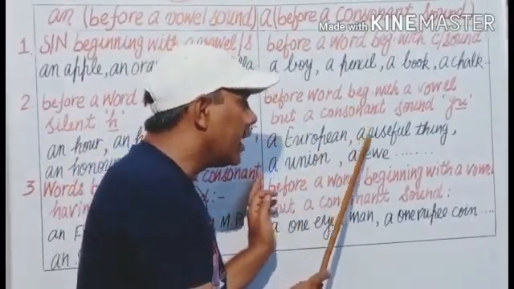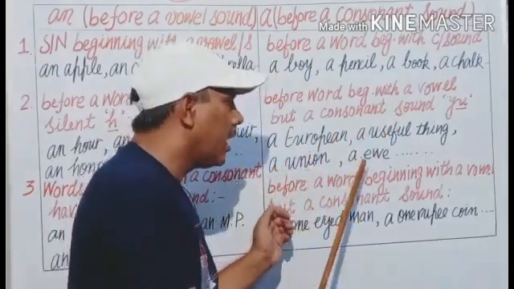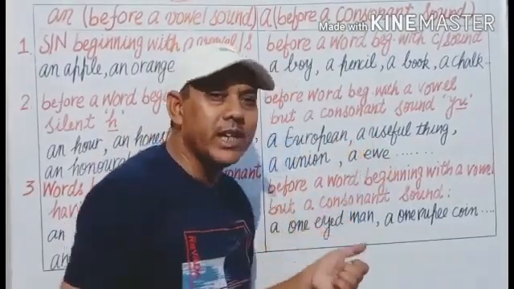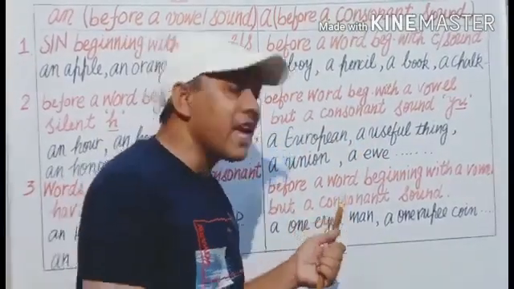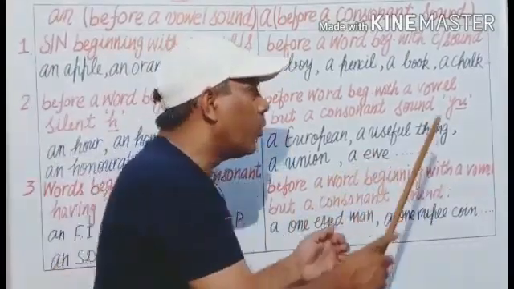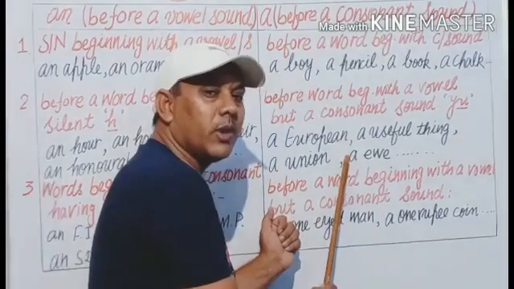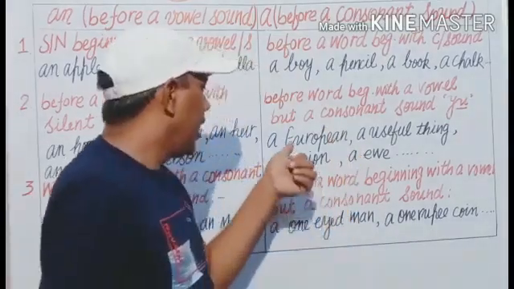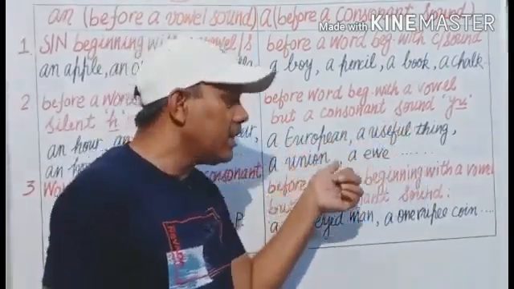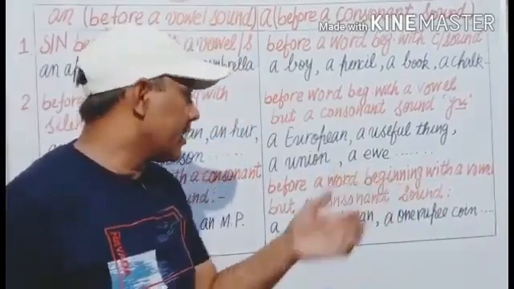In the same way, a useful thing, a union, a U. This word, EWE, is pronounced as yu. A ewe, like yu. And that's why we use a before this. A European, a useful thing, a union, a university boy, like this.